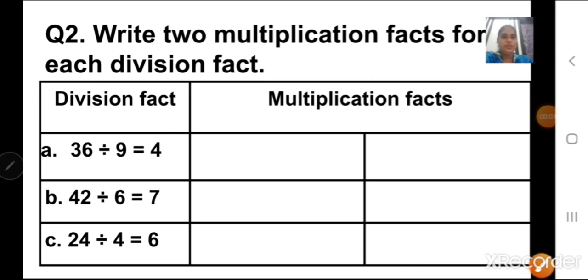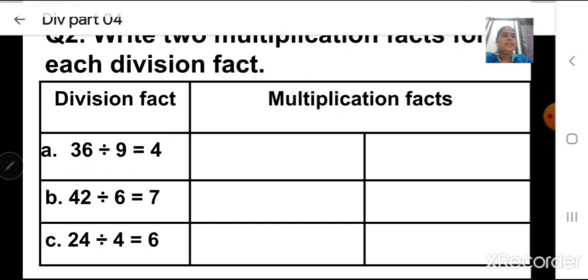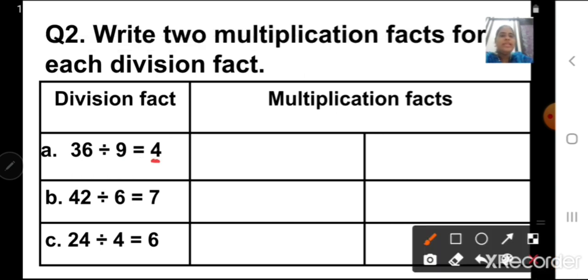Next is question number 2. Write 2 multiplication facts for each division fact. So your division facts are given. We have to write the multiplication facts. Correct? See A1. 36 divided by 9 is equal to 4. How will we write the answer? We will take number 4 multiplied by number 9.